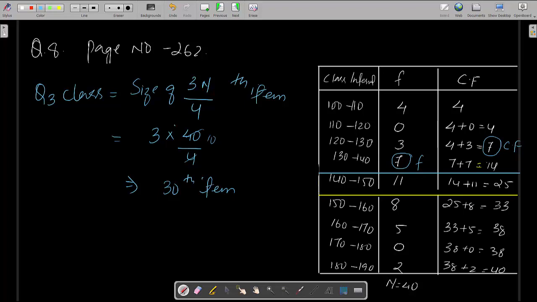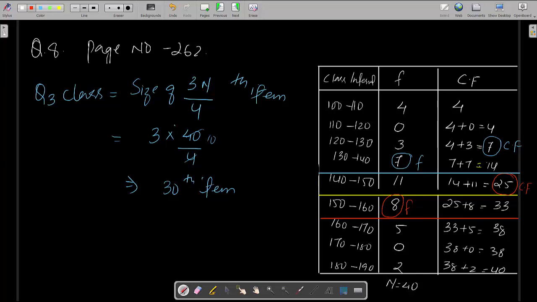So we can just underline this once again. We can underline this. All right. So here again, this will be your F value. This will be your CF value.